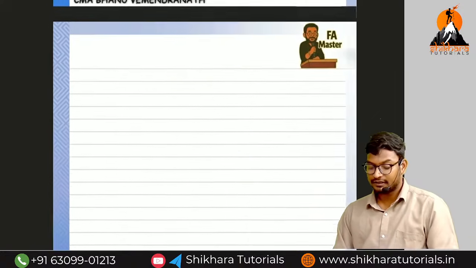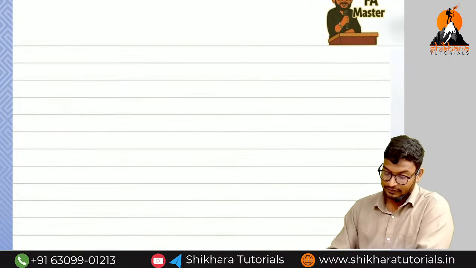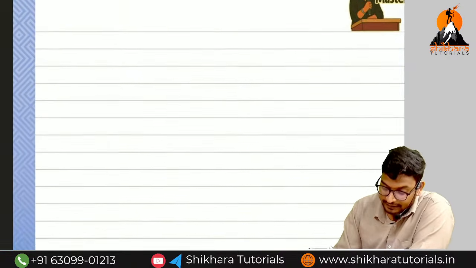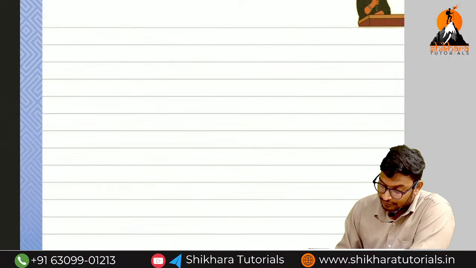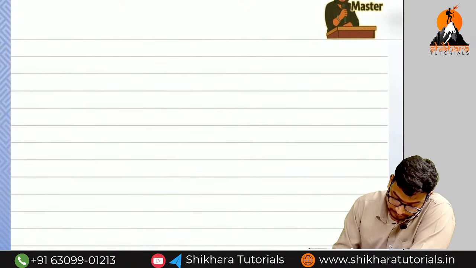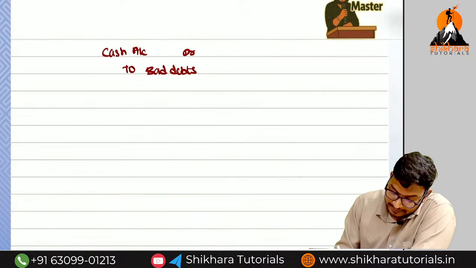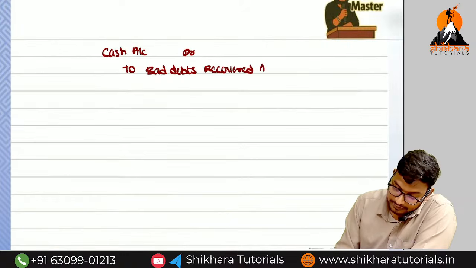Please remember all these points. Easily the rectification of errors should be completed. So what is the normal journal entry? Cash account debited to bad debts recovered account.